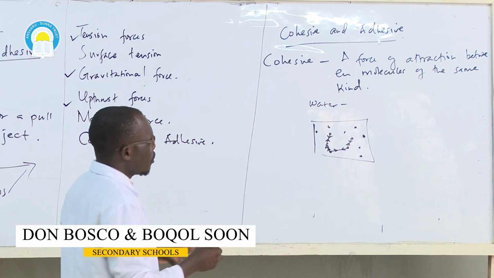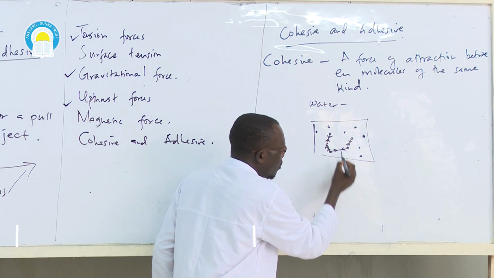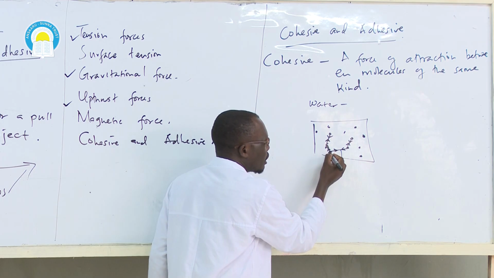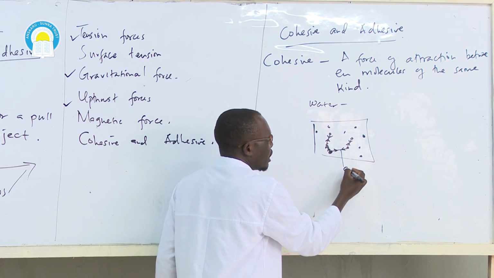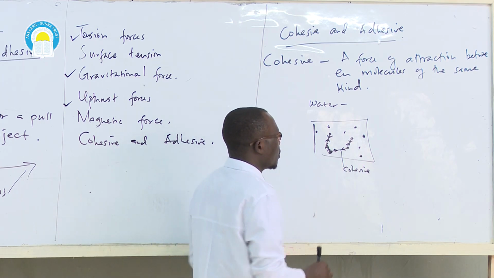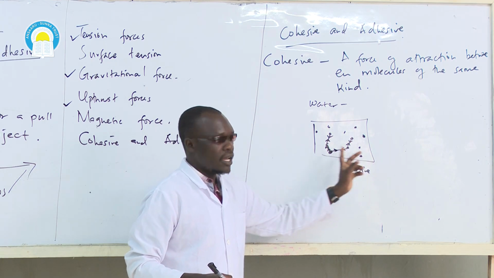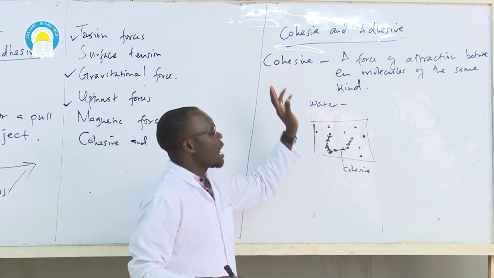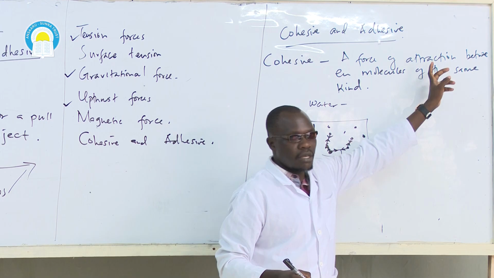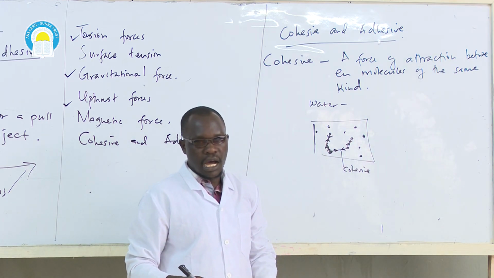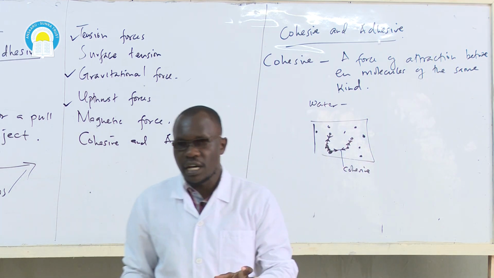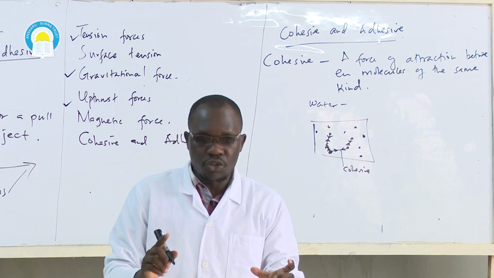Now, this force which is attracting one molecule of water to another molecule of water is what we call cohesive forces. Why? Because this is a molecule of water and this is another molecule of water, so they are molecules of the same kind. A force of attraction between molecules of the same kind, that is cohesive forces.